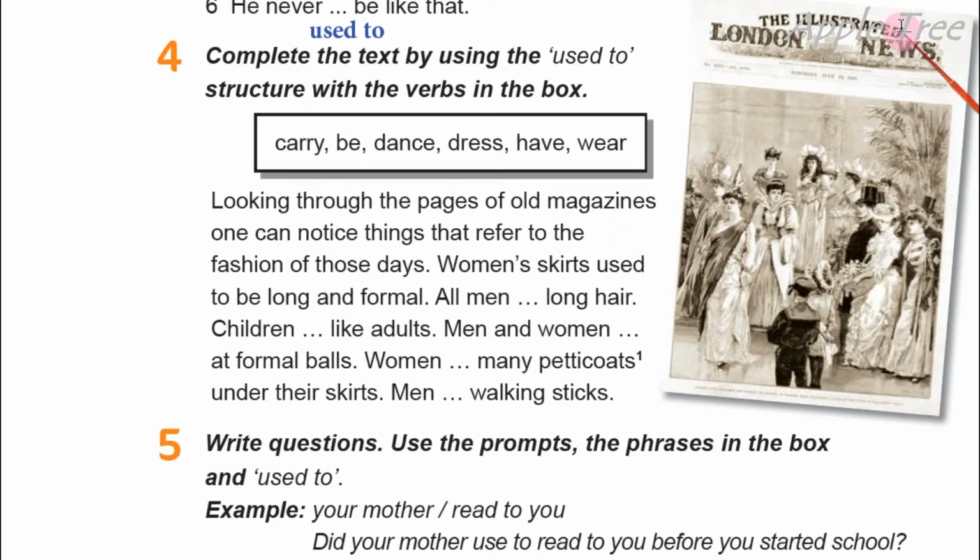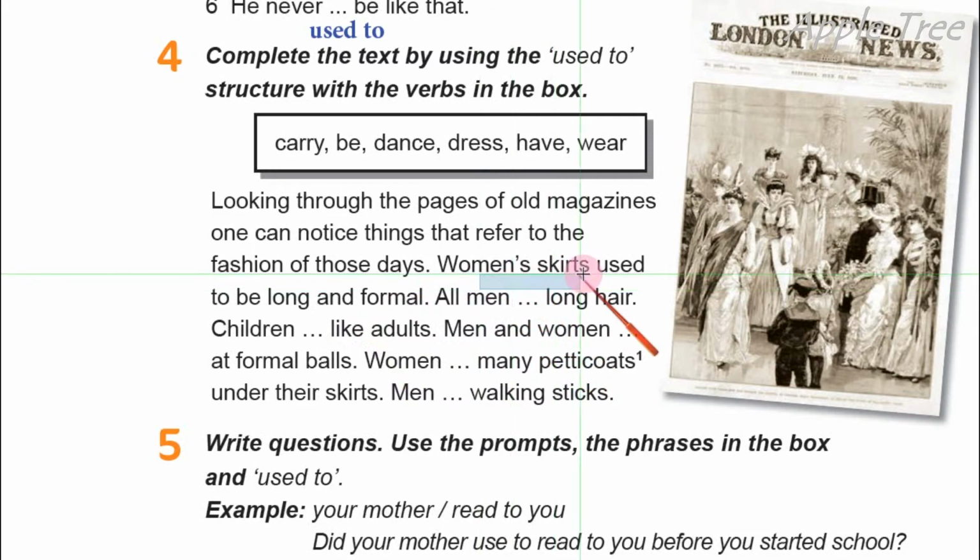Ну ось, London News, так? Women's skirts used to be long and formal. Жіночі спідниці раніше були довгими і офіційними. All men used to wear long hair.